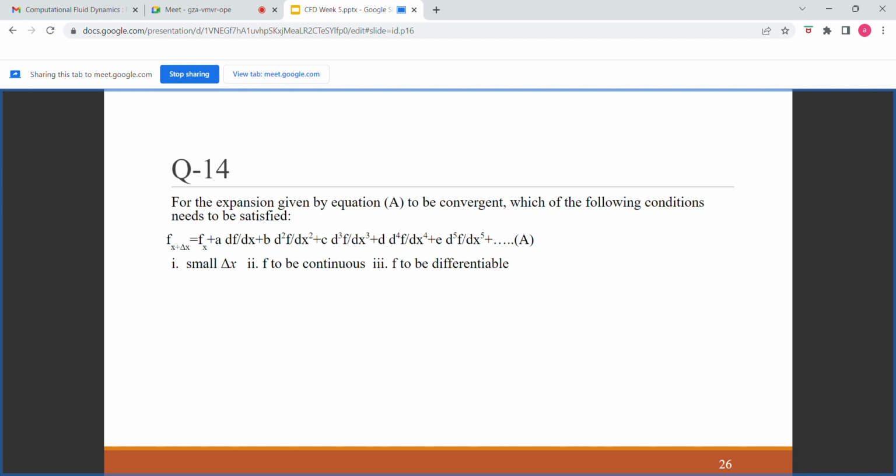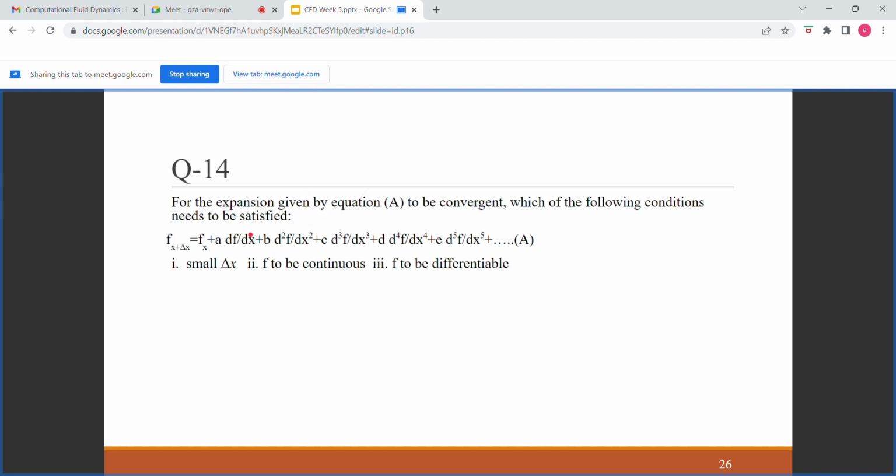Small delta x, f to be continuous, f to be differentiable. Taylor's series expansion is only true when delta x is very small. Think of a problem where we are given some curve, and we want the value at this point and this point.